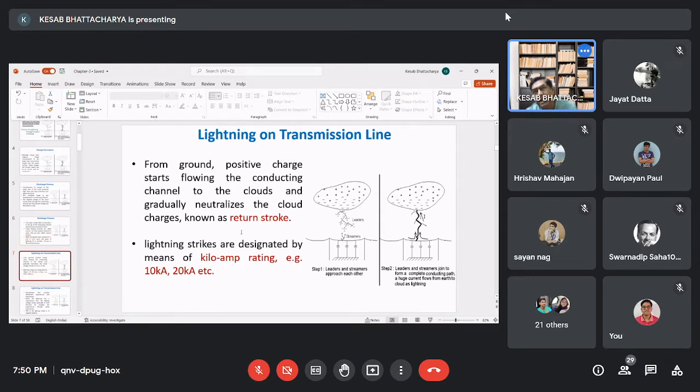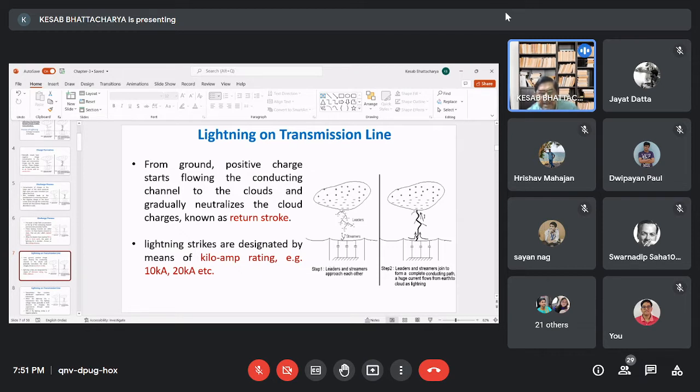Once the lightning hits any one of the earth objects, then what happens? The charge cloud, through the conducting channel, is connected to the ground through the earth object which has been hit by lightning. Therefore, there is a complete short circuit between the upper atmosphere and ground through the conducting channels.